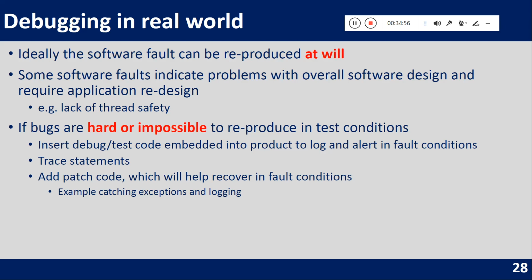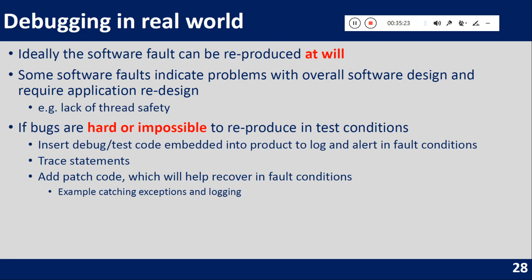I think it is likely to insert debug or test code, embedding a documented log into the trace statements and printing them as a patch code, which will help to recover the fault condition, for example caching and logging.